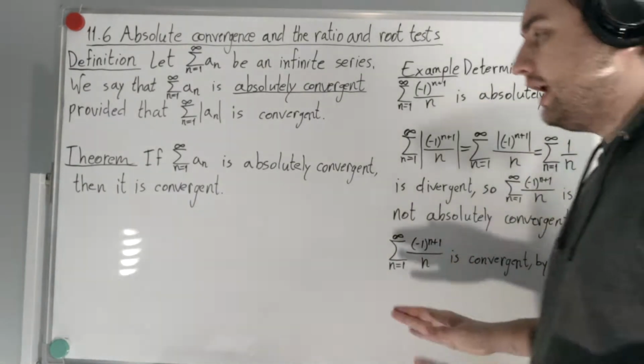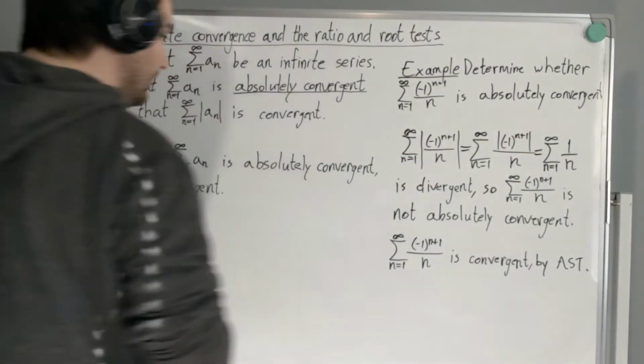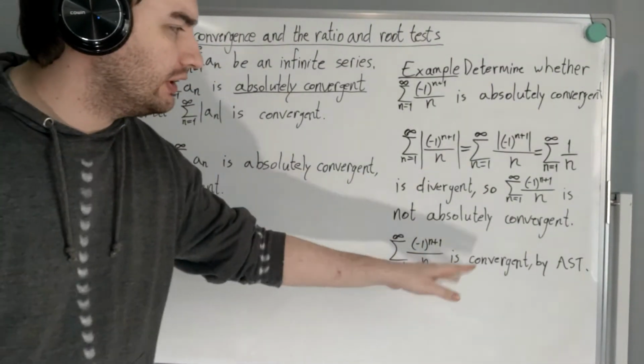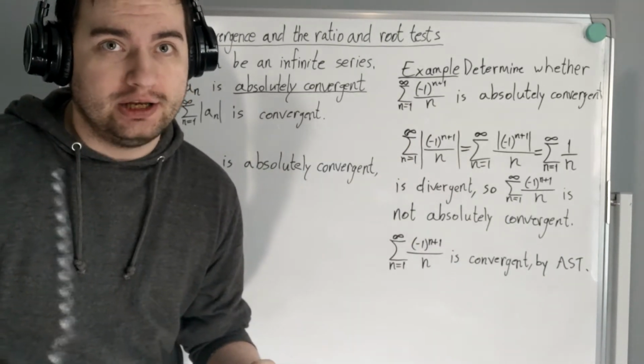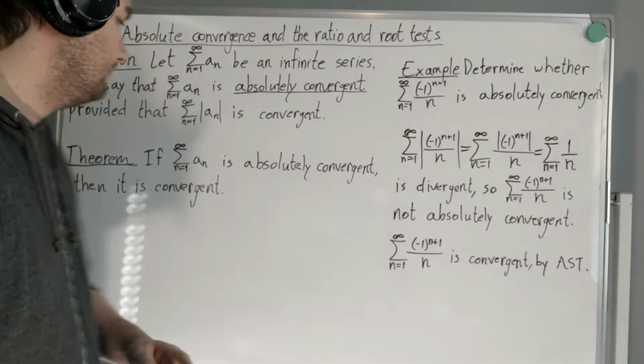Now, in this case where a series is convergent but it's not absolutely so, we would say it's conditionally convergent. Okay?